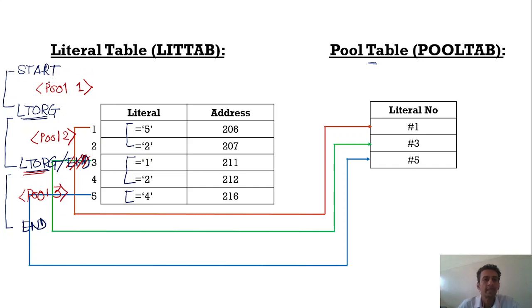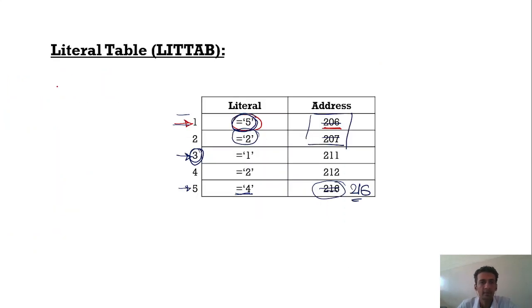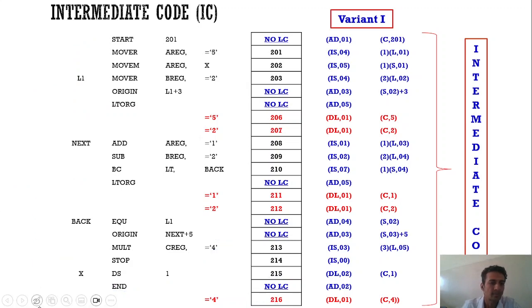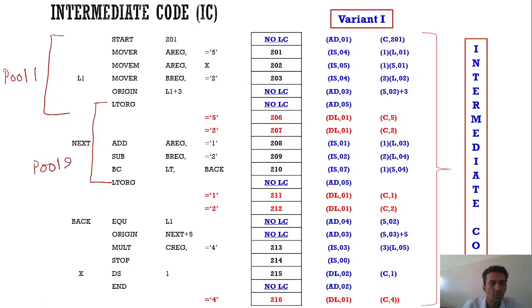In our example we have 3 literal pools in total: all those literals between START and the first LTORG are pool 1 of literals. Then the literals used between the first LTORG and the second LTORG correspond to pool 2, and those between the second LTORG and END belong to pool 3 of literals.